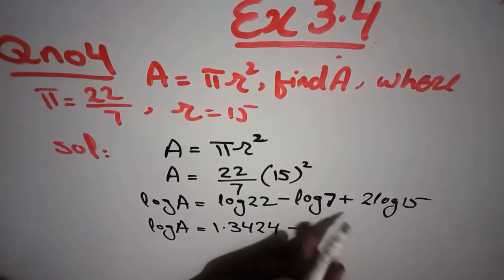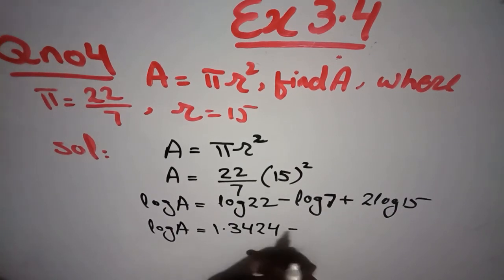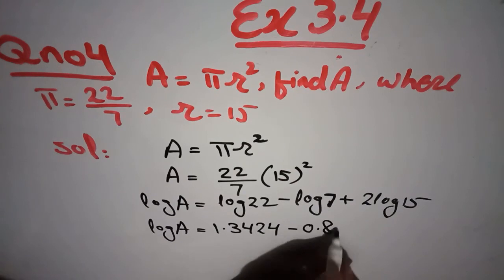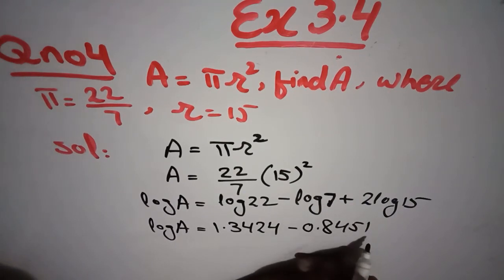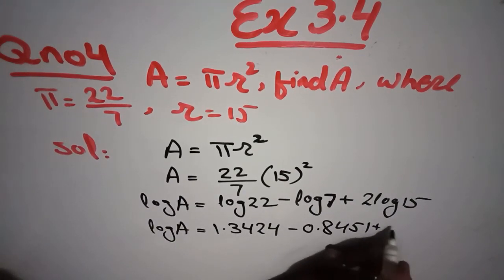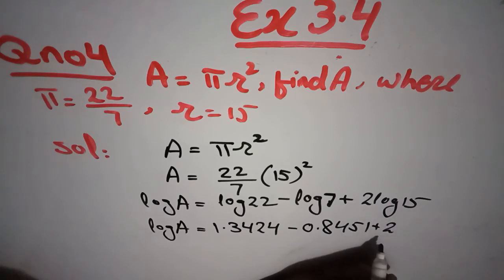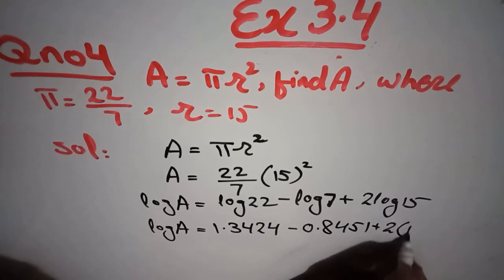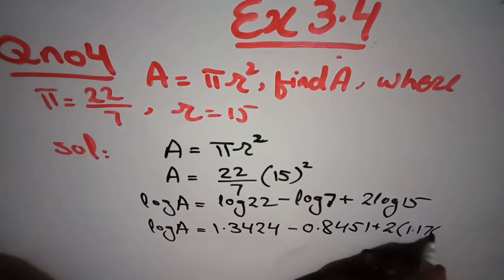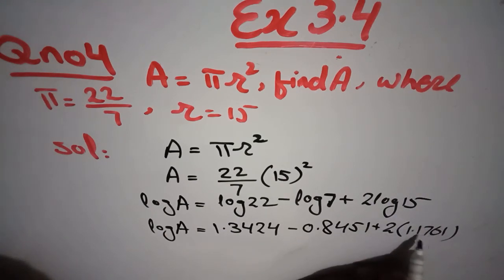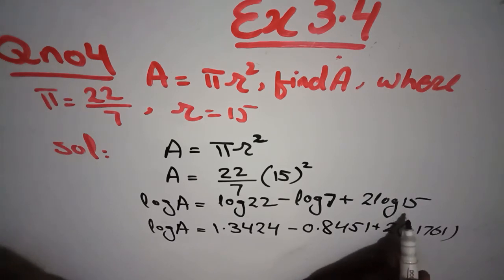You can take this logarithm by using a calculator or log table. Minus log 7, that will be 0.8451, plus 2 log 15, that is 1.1761. It is the value that we have taken from the logarithm table for log 15.